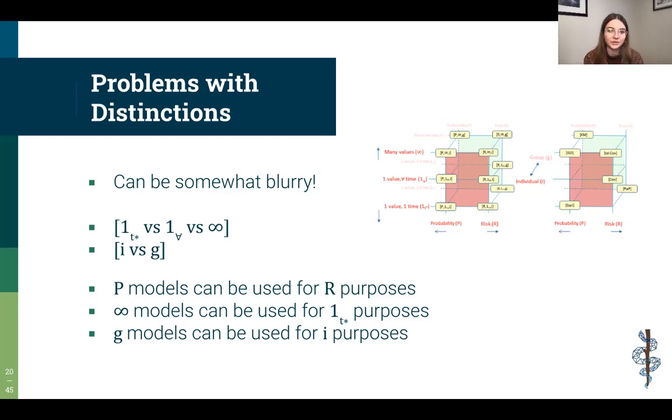But one might have already intuited that you can use models that give probabilities for ranking purposes. You could treat a probability as a risk score. If somebody has a 7% chance of having some kind of adverse reaction to a transplant versus somebody having a 40% chance of some adverse reaction, you can very easily use those to rank patients based on survival.